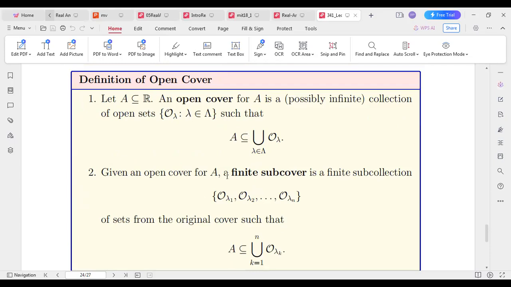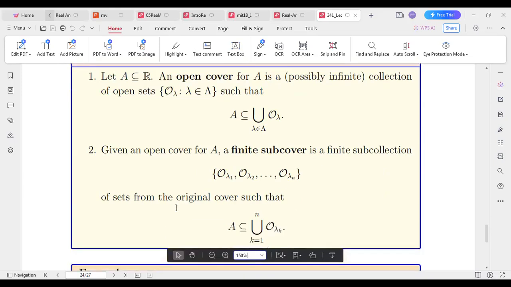Given an open cover of A, a finite subcover is a finite subcollection O lambda 1, O lambda 2, up to O lambda n of sets from the original cover such that A is a subset of the union of O lambda 1, O lambda 2, etc.